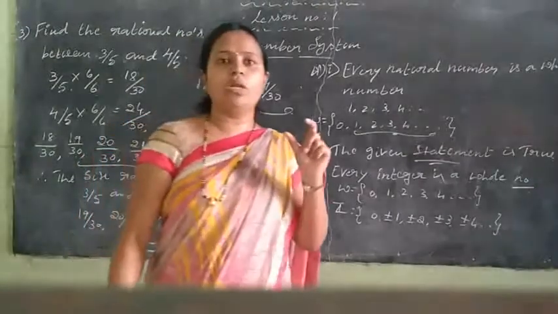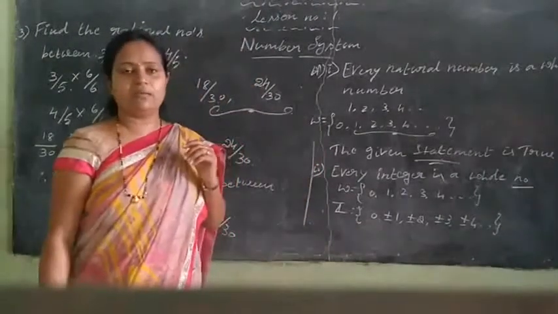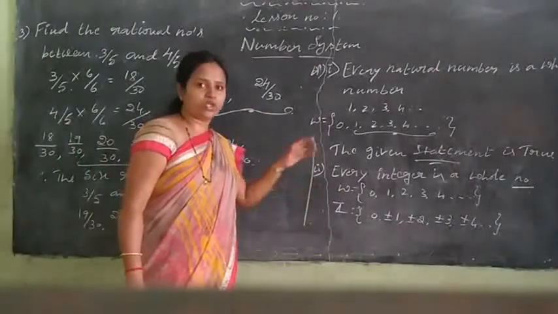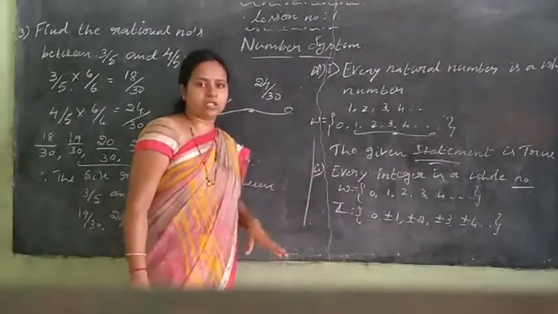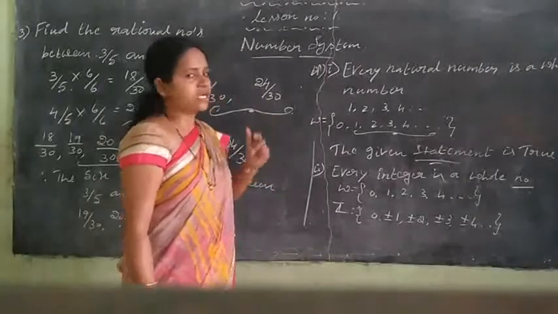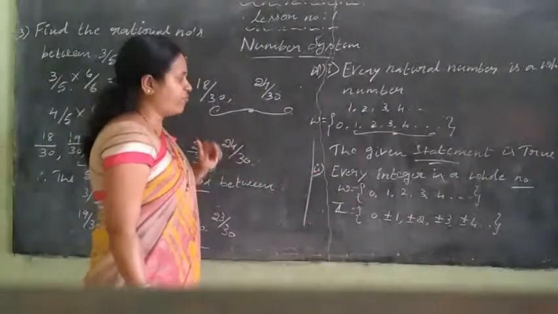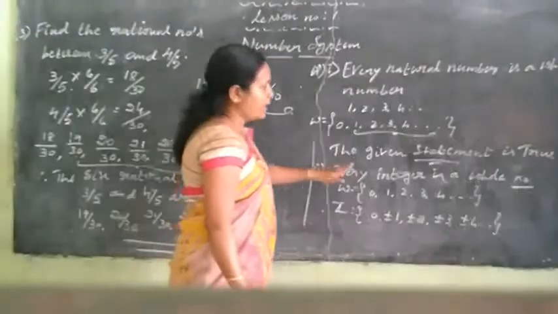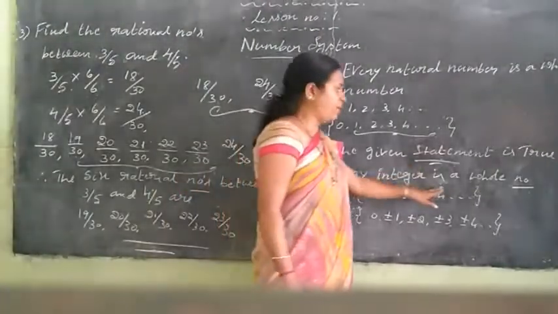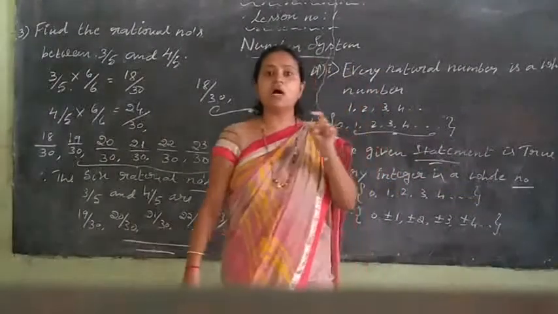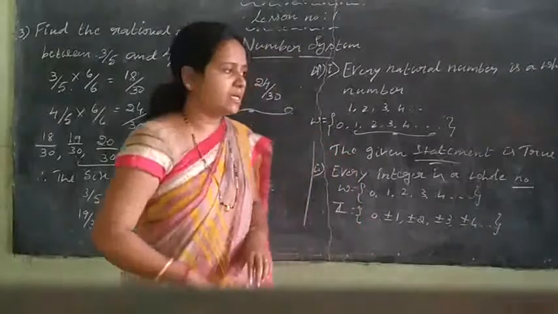In whole numbers, only positive numbers are present. There are no negative numbers. Whereas in the case of integers, positive numbers are also there, negative numbers are also there. So now tell me whether the statement is true or false. Yes, the statement is false because every integer cannot be a whole number, because whole numbers do not include the negative numbers.